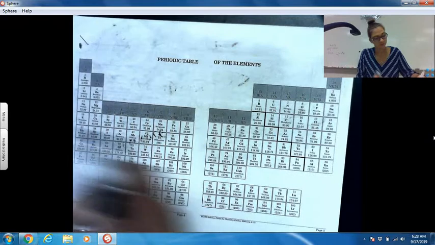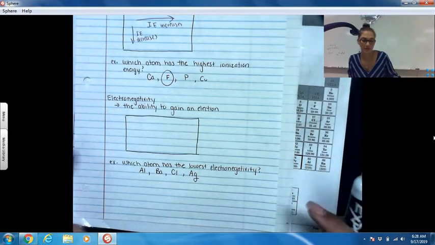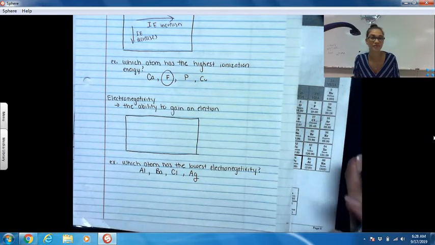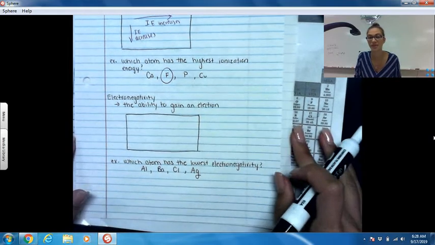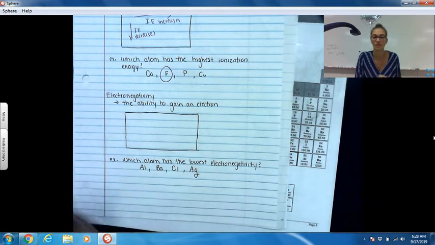All right, electronegativity. This is the ability to gain an electron. So electronegativity is a value out of 4. So our element that has the highest electronegativity is going to have a value of 4, and then all the other elements are going to decrease from there.